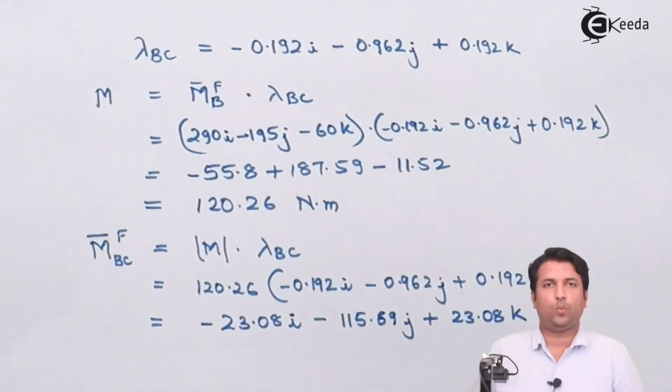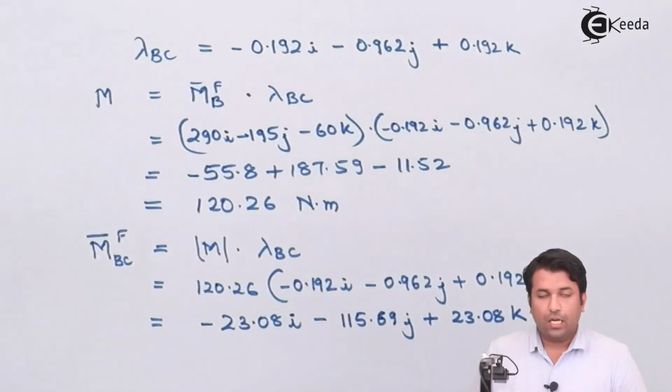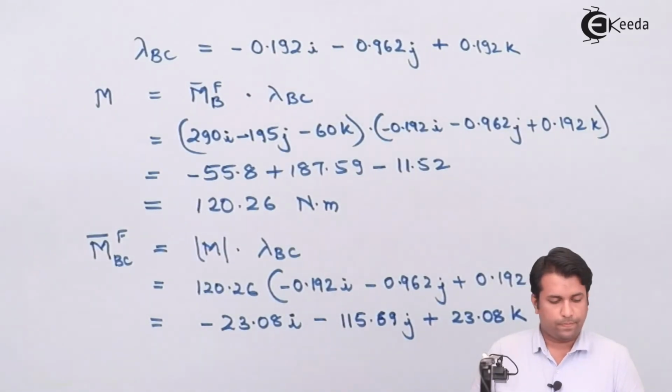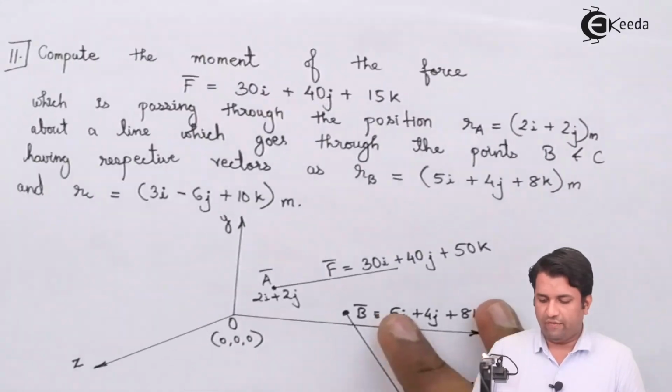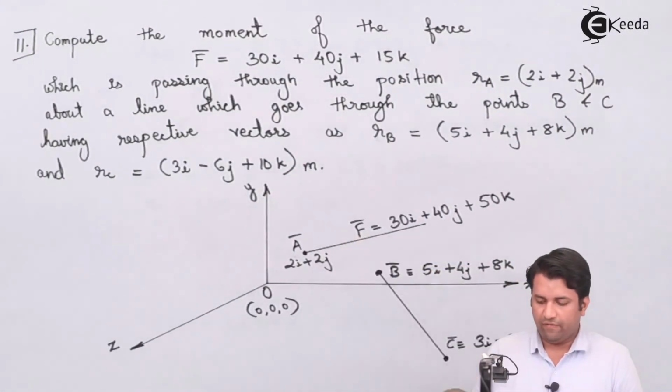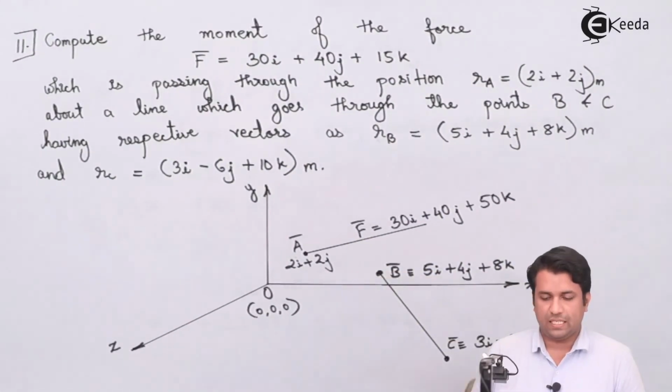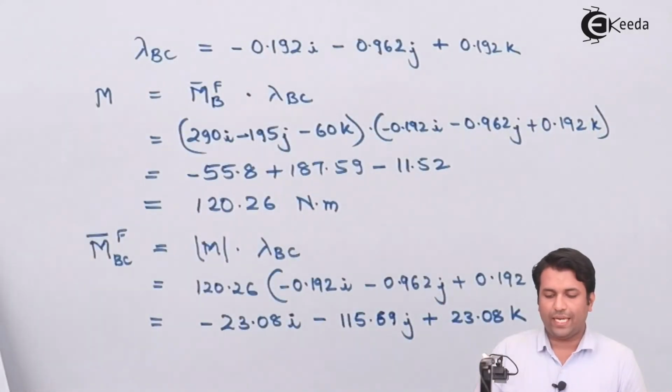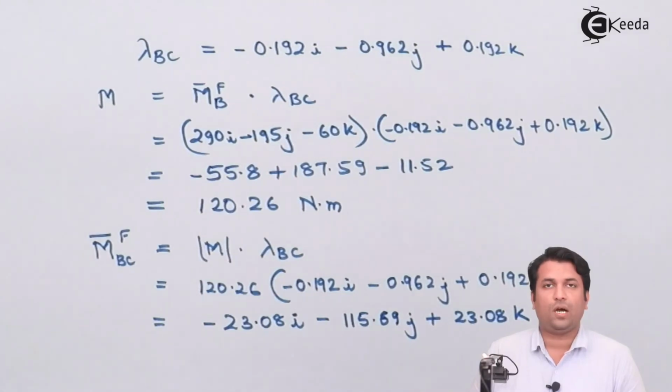So this is the moment vector that we have for the given force F with respect to line BC. So this is how we can calculate the moment vector. I hope you have understood this example. Thank you.